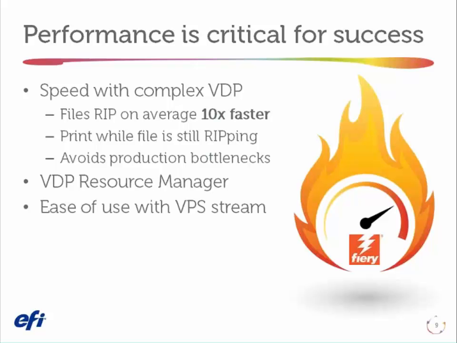There's a lot of images, a lot of text. And then we combine their cards with other cards for print, so we get some really large files sometimes. On average, our cards are processing about 10 times faster than with our previous RIP software. In certain cases on those large files, we've had some go from 1 minute on the Fiery as opposed to 30 minutes on our previous solution. So speed was a big one.